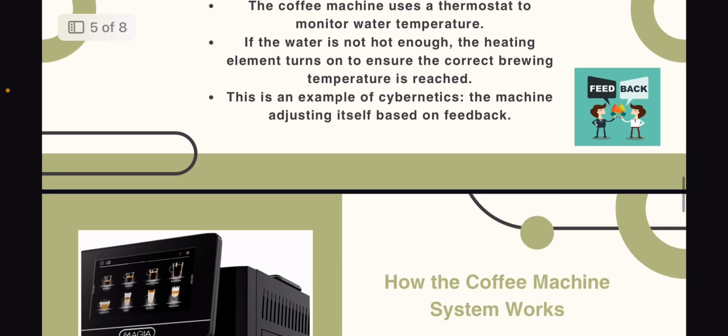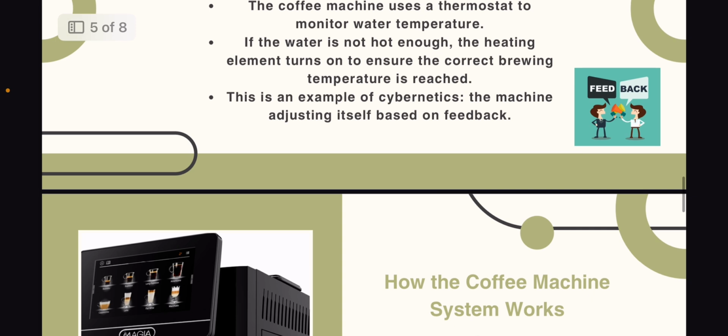How does the coffee machine system work? We have inputs: water, coffee grounds, electricity; outputs: brewed coffee; and feedback: the thermostat adjusts water temperature to ensure optimal brewing. The coffee machine is a simple, effective example of an open system.